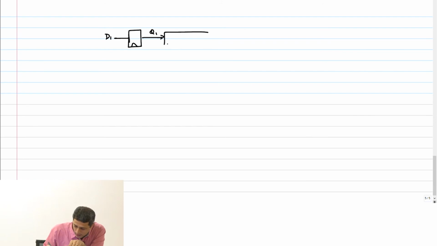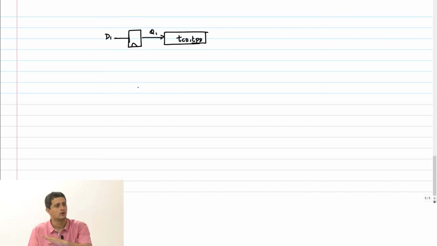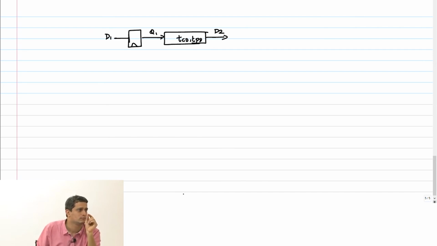Okay, so now I am going to consider the following case. Next, D1, Q1, then I have the combinational block delay, TCD, TPD. Now I am going to look at the case where data can race through and affect D2, in the same clock edge.